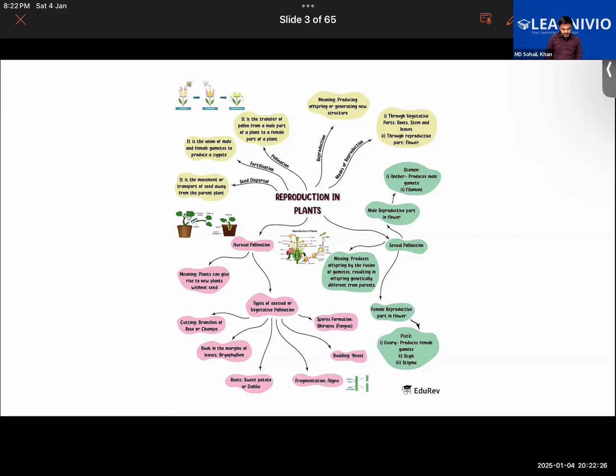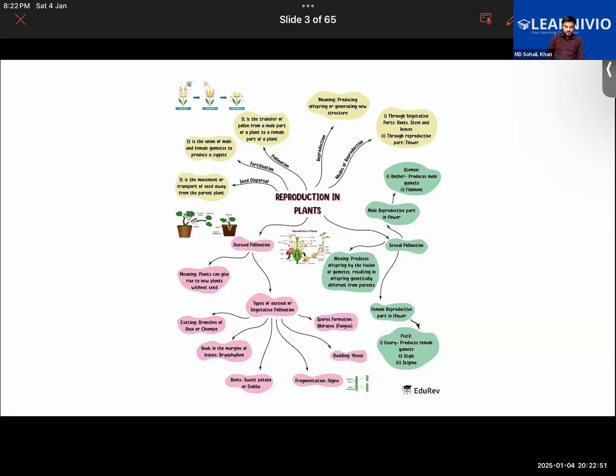Spores. Spore formation, good. And pollination. Pollination is not. It's sexual reproduction, no? That is related to sexual reproduction. See, whenever the pollen grains are included, it should be understood that sexual reproduction is happening. Okay.